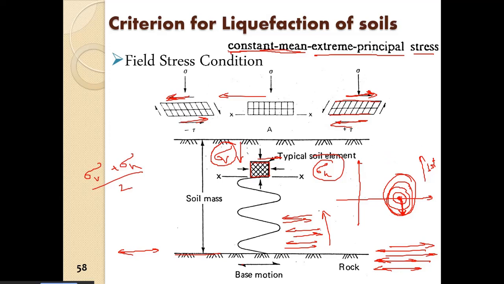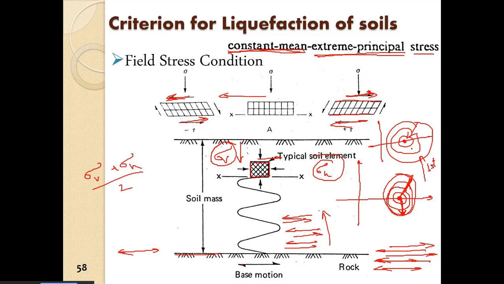So the Mohr circle will expand and collapse from the same point. That is the constant mean and extreme principal stress concept.